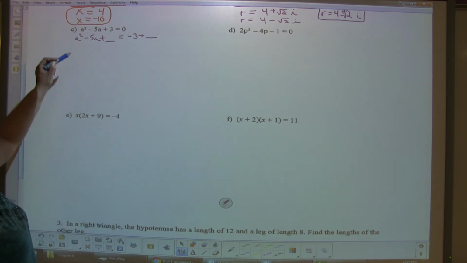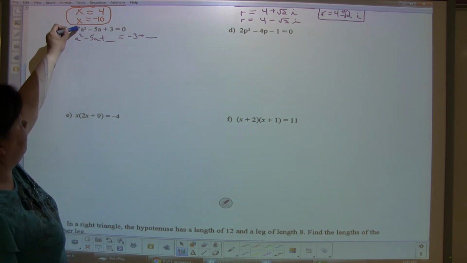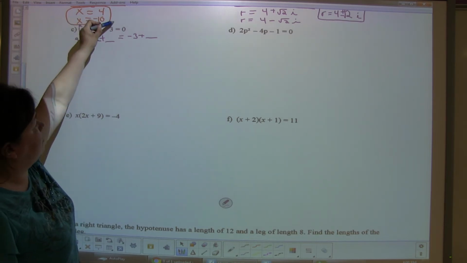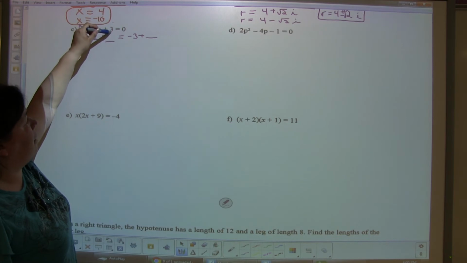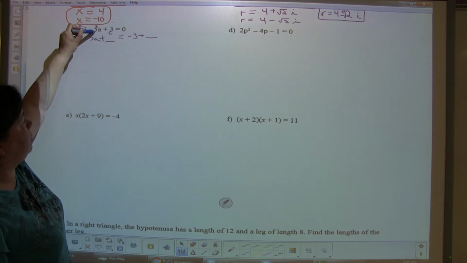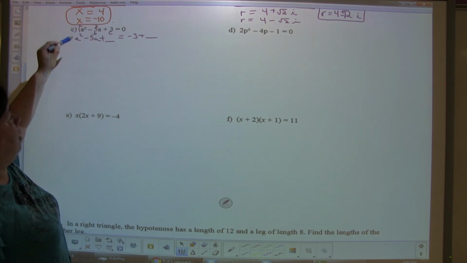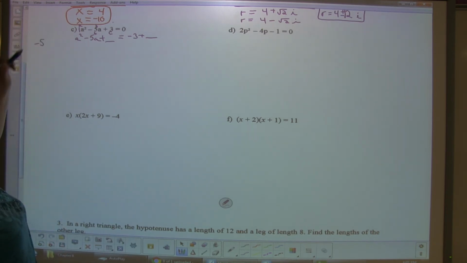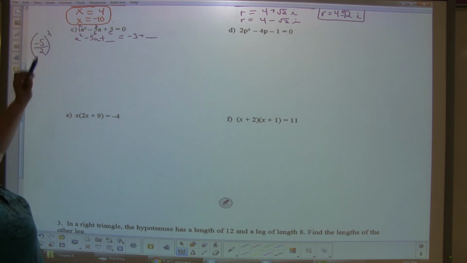So we'll see what we have to add in there. All right, so this is our a term, which is 1. This is our b, and our c is what we're trying to find. We don't know what it is. So we're going to take our b term, which is -5. Always grab the sign in front, divide by 2, and square it.